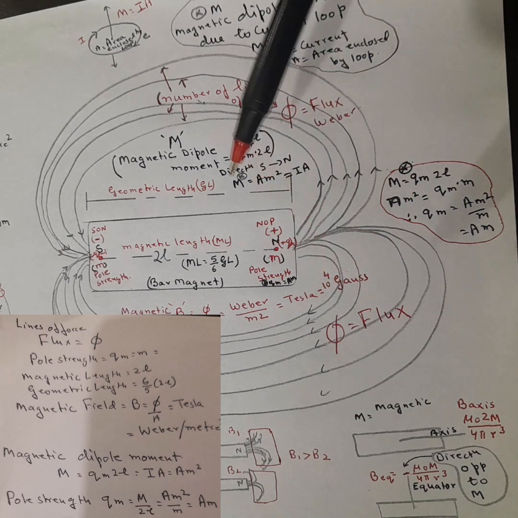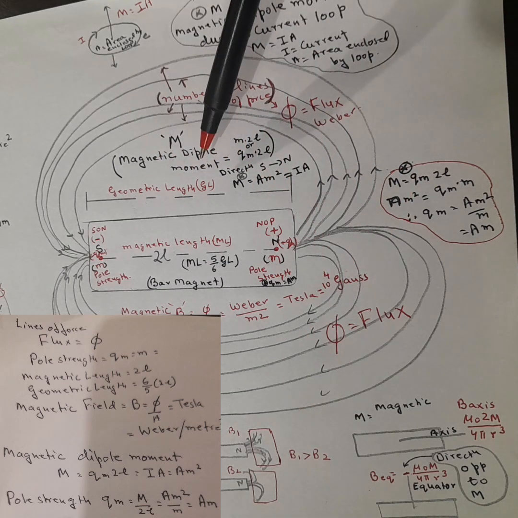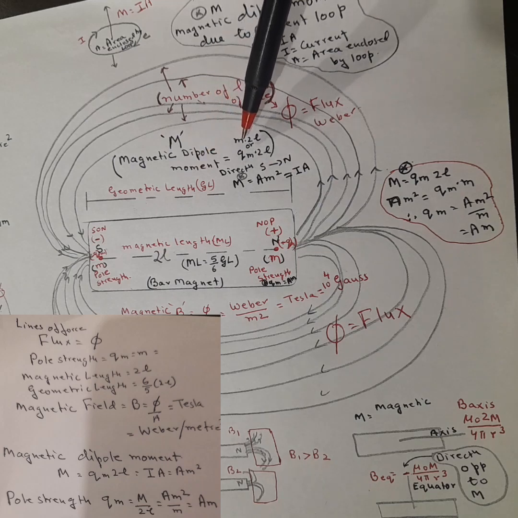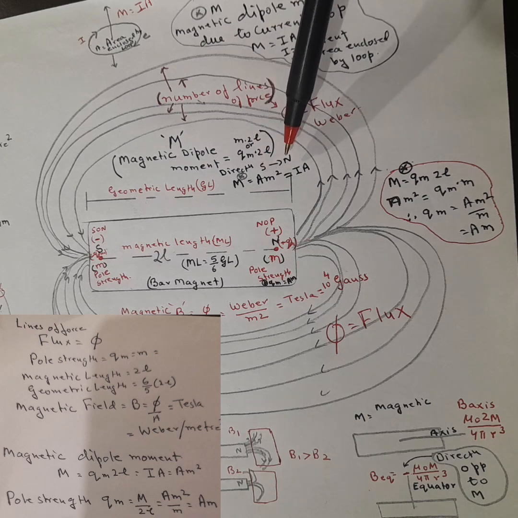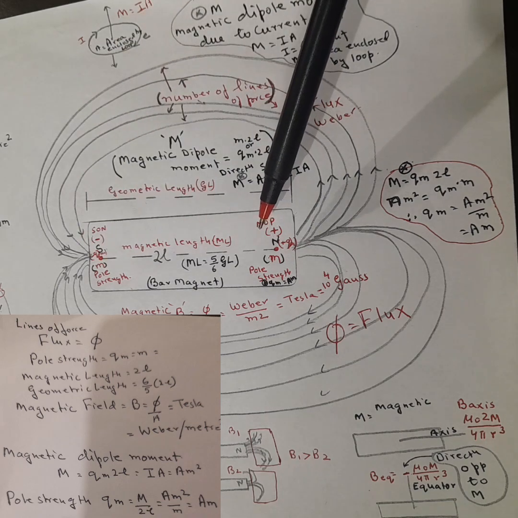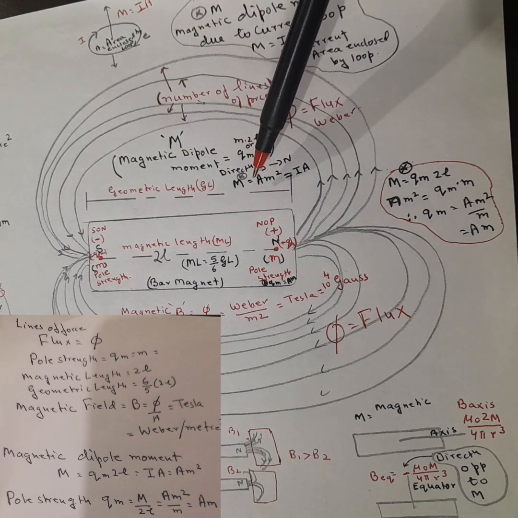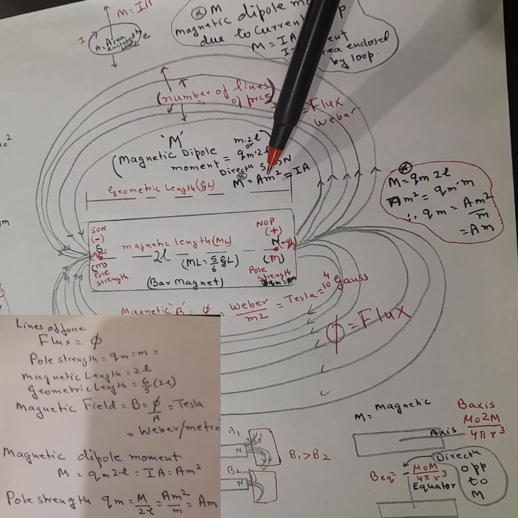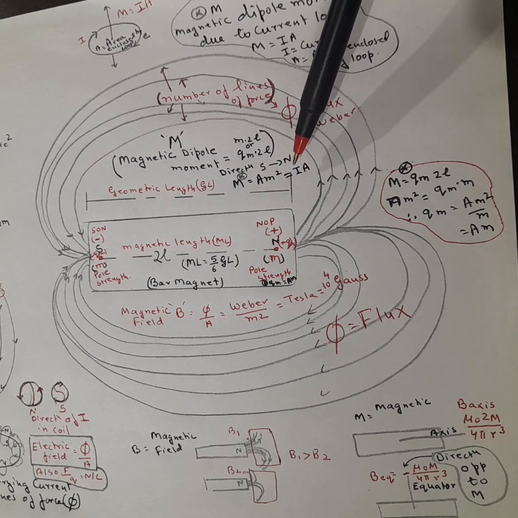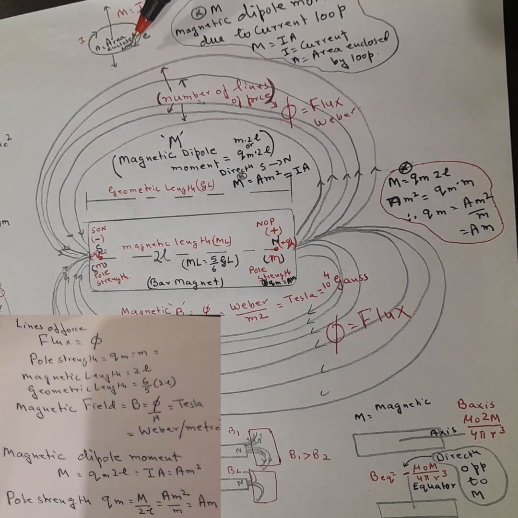Then we also saw magnetic dipole moment, which was m into 2L or qm into 2L. And the direction also was from south to north, and then unit was ampere meter square. How did we get ampere meter square? Via IA, current into area, that we saw over here.